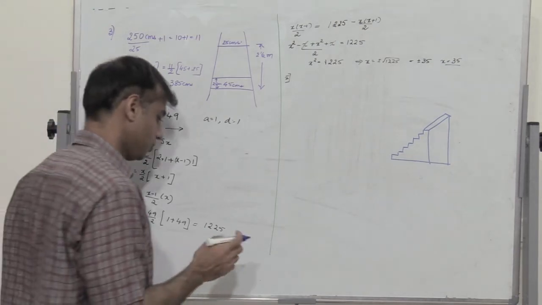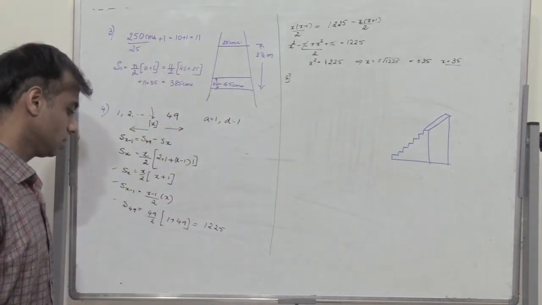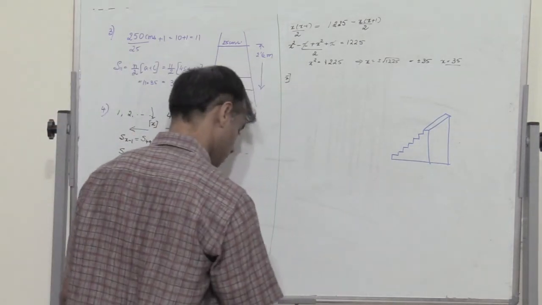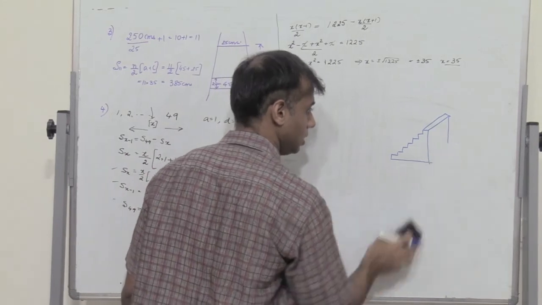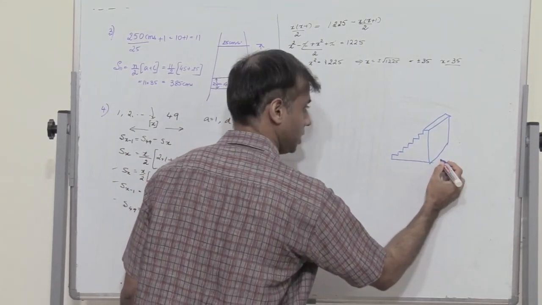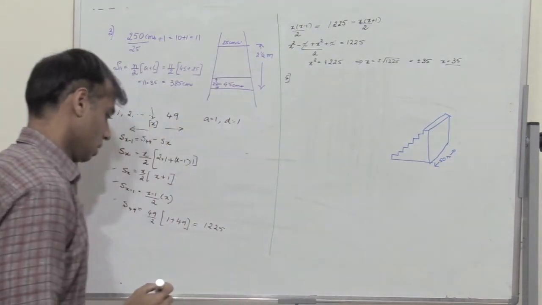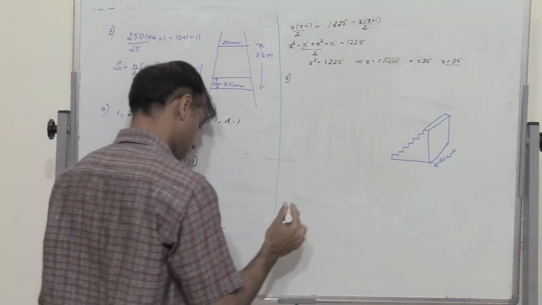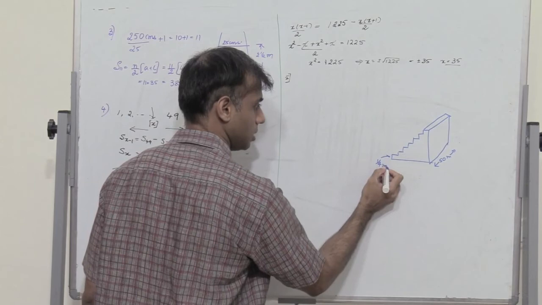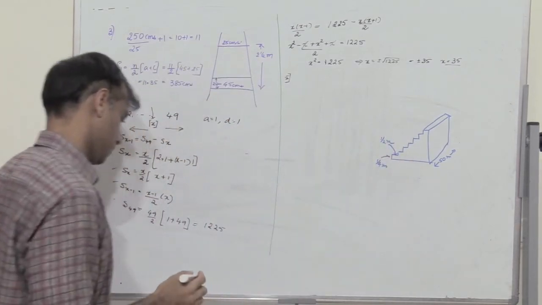So there is a terrace at the football ground with 15 such steps, and we need to find the total volume. Since there are 15 steps, we find that this distance is 50 meters. And we find that the height is 1 by 4 meters and the width is 1 by 2 meters.